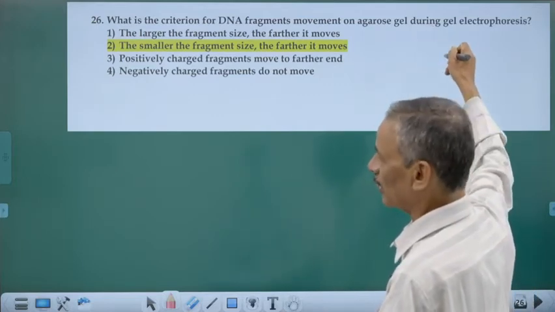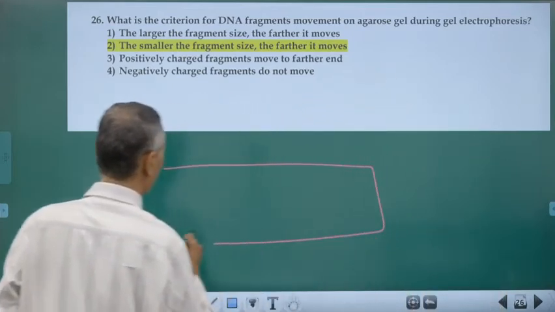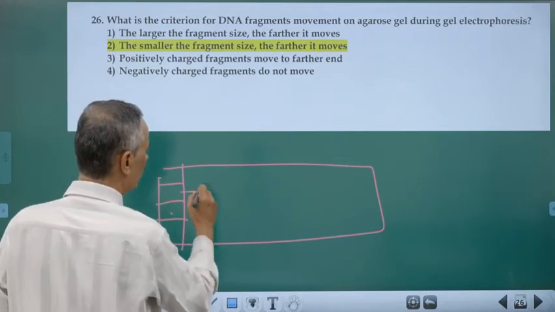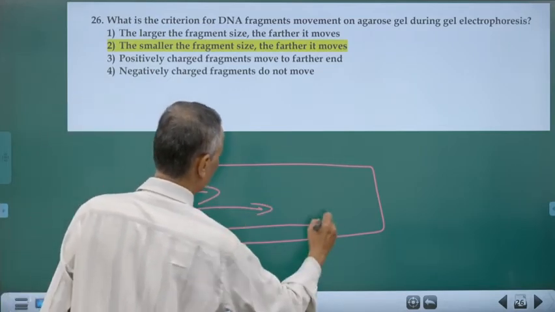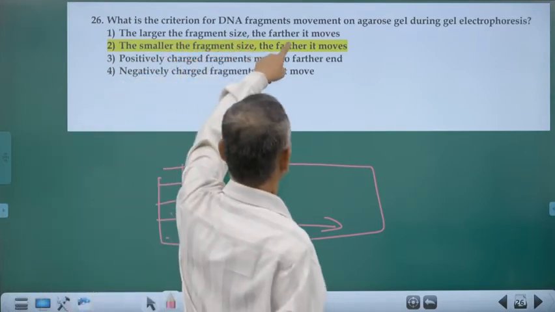It moves farther and farther away from the cathode. We are loading it at the cathode, and it is moving farther and farther away from it. If it is smaller in size, smaller the fragment size, farther it moves, a great distance it covers. Larger the fragment size, the farther it moves?